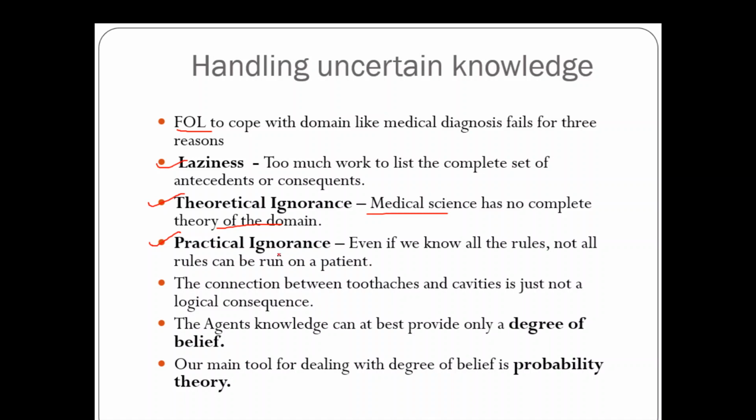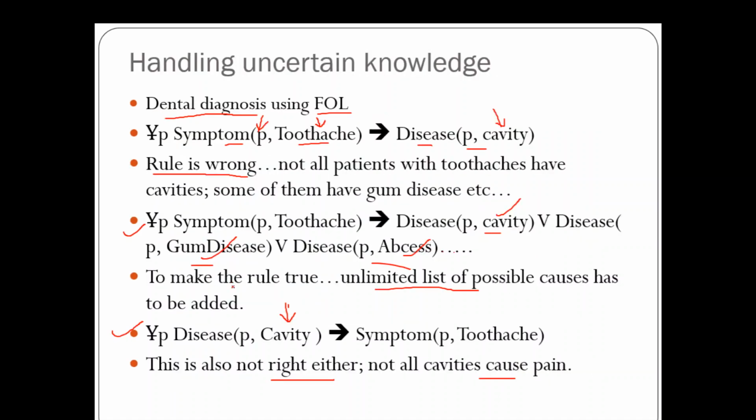The third reason is practical ignorance. Practical ignorance says that even if we know all the rules, not all rules can be run on a patient. For example, you are saying that somebody having toothache implies that they can have cavity, or gum disease, or abscess. Say there are some 100 possibilities represented.